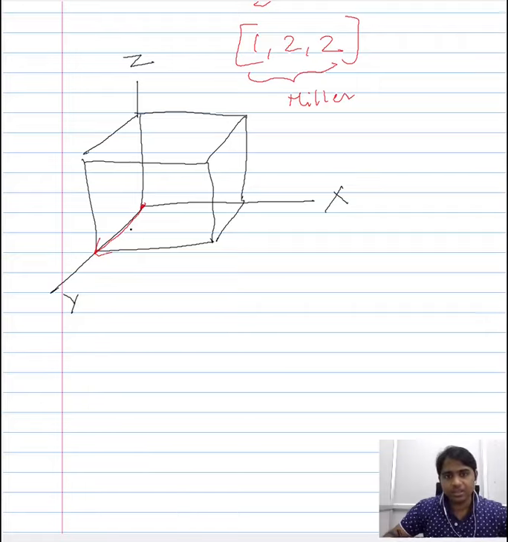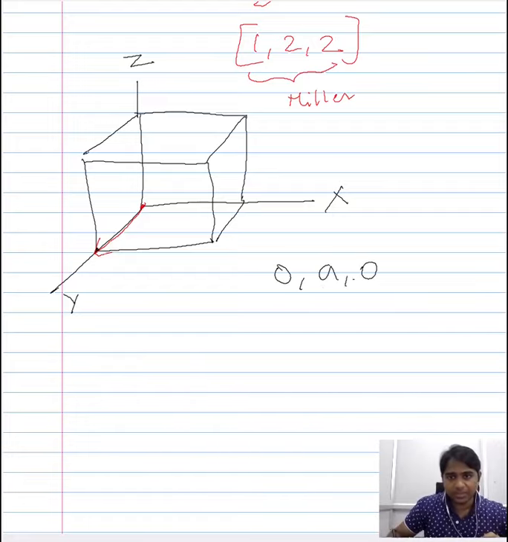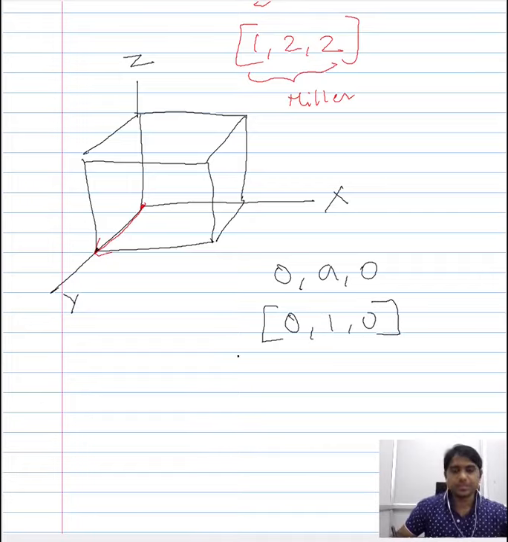So everything lies on the y-axis, and it touches the y-axis at A. So you would write the actual indices of this as 0, a, 0, and then you normalize it and include it in the square bracket. It will be 0, 1, 0.